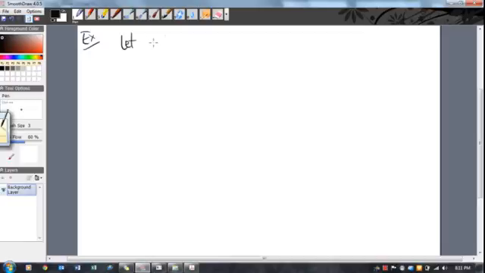So we'll say let sine theta equal 0.3 and cos theta equal 0.6. Okay, just some examples.